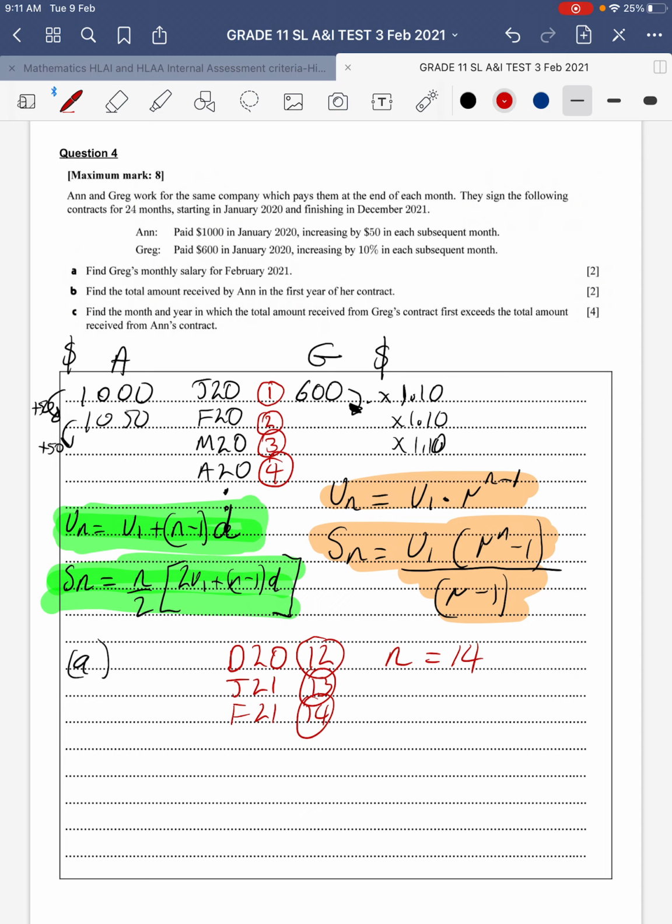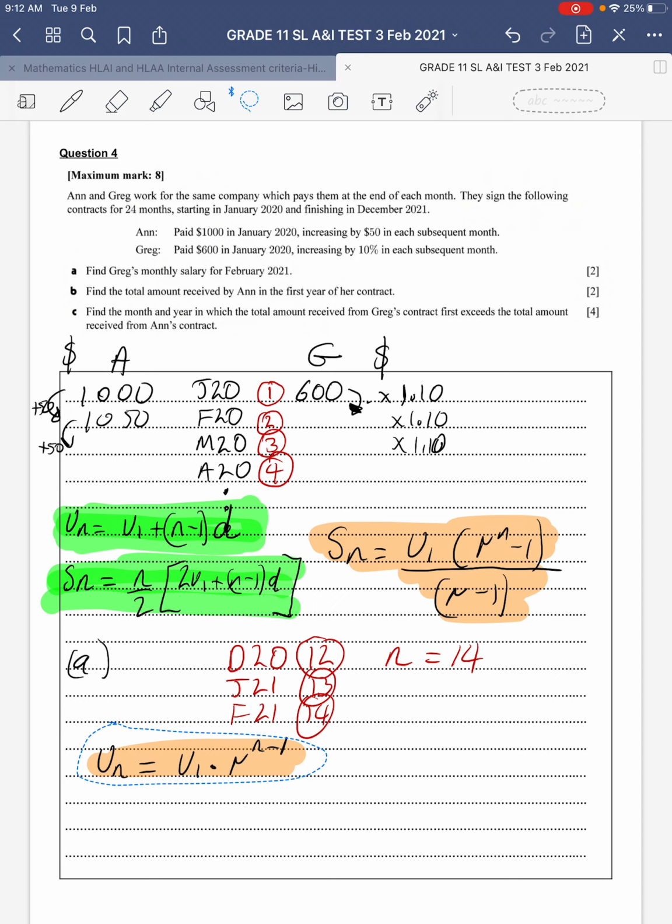And if we use then the formula, which is this one here, because this is Greg, we can just bring that formula right down there and we can just replace. So we want u, the actual amount that he gets paid, u of 14, and that's u1, you can see it's the 600 to start with, times by r, which is 1.10, to the power of n minus 1 there.